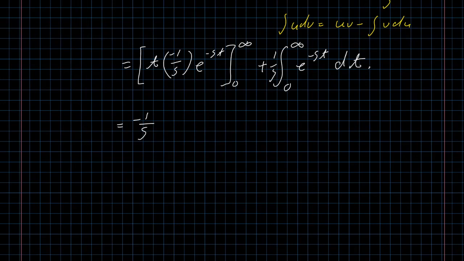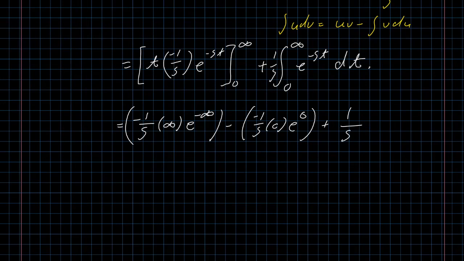So we have minus 1 over s times infinity times e to the minus infinity. And then we have minus 1 over s times 0 times e to the 0. And I'm just going to leave the integral alone for the moment. Deal with one thing at a time.